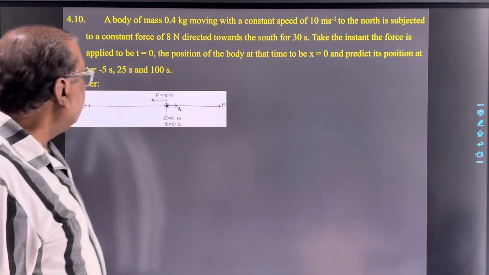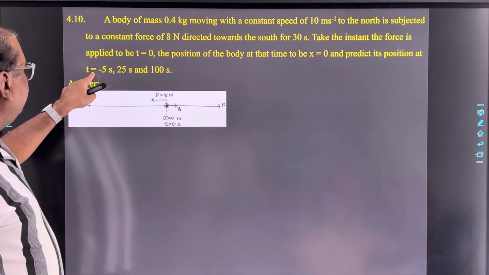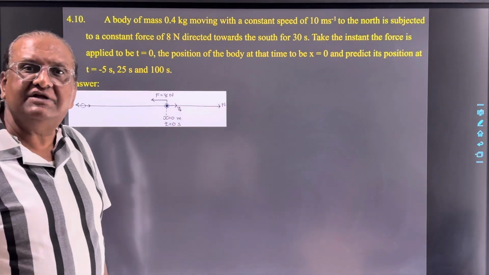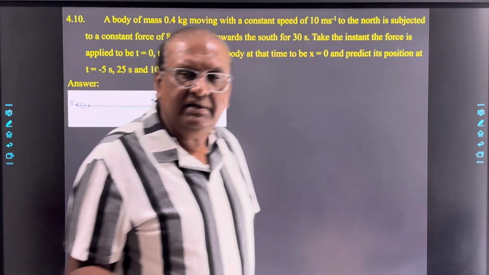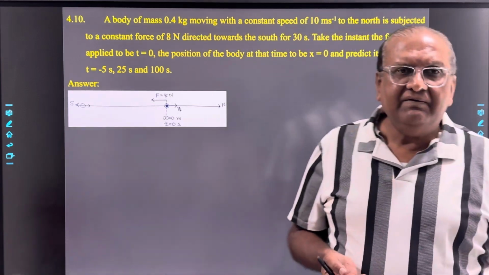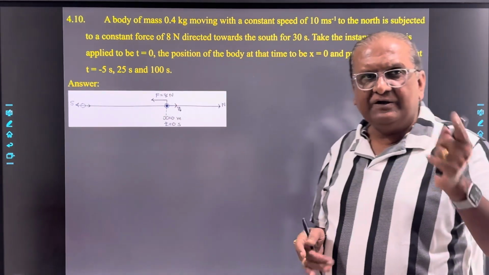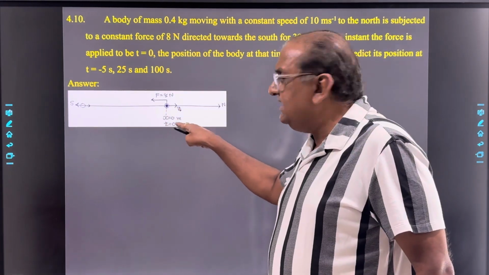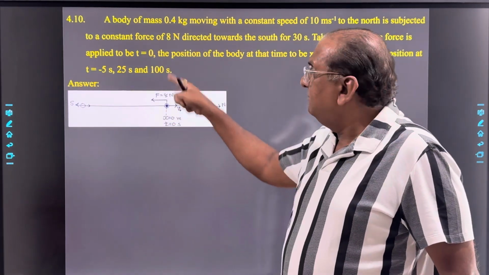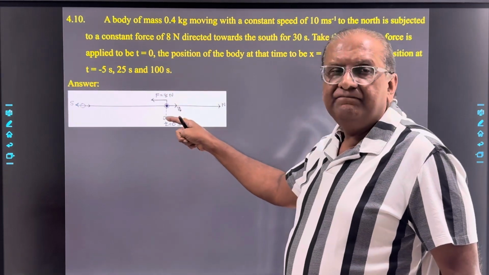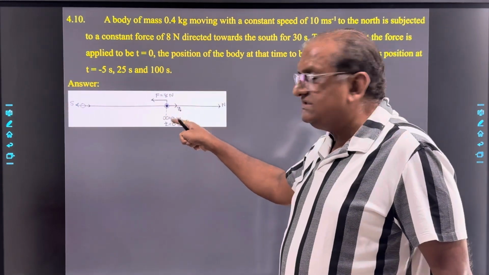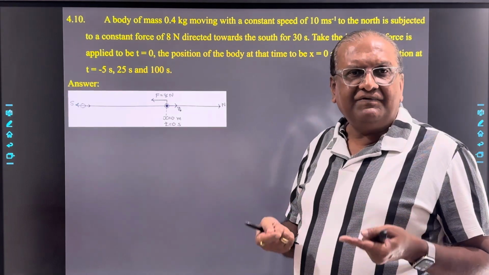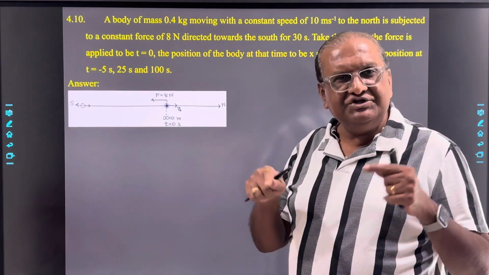Clear? Now see here, first of all, the position at time t equal to minus 5 second means what? We know time can never be negative, but here minus 5 second means, when the force is applied at t equal to 0 second, minus 5 second means before the force is applied, 5 seconds before, what was the position?